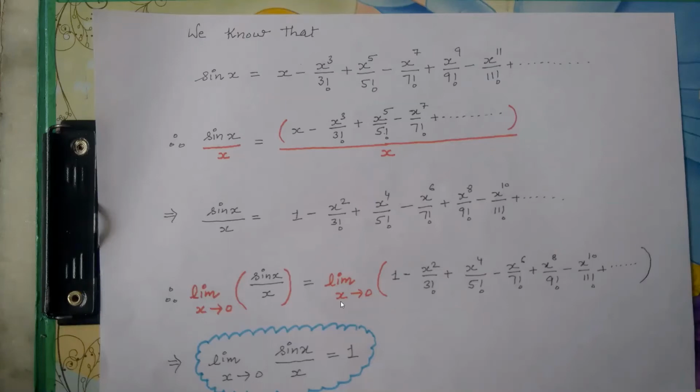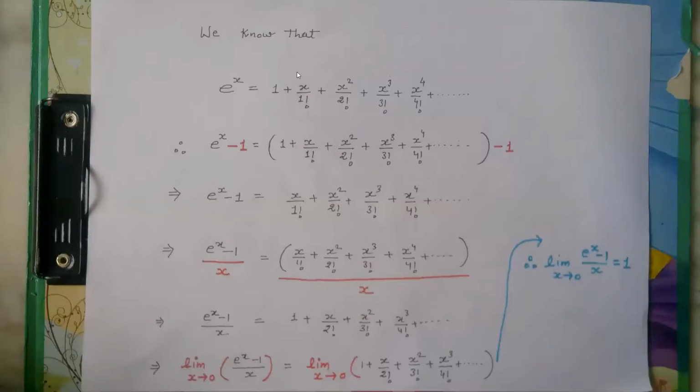So as soon as x approaches 0, all these terms, no matter whether they are plus or minus, will be equal to 0. So we are left with only 1. So this is the famous formula: limit x approaches 0, sin x upon x is equal to 1. This is the standard limit.